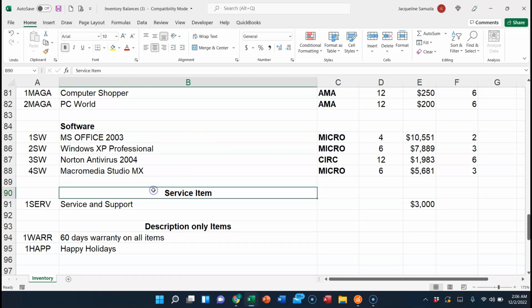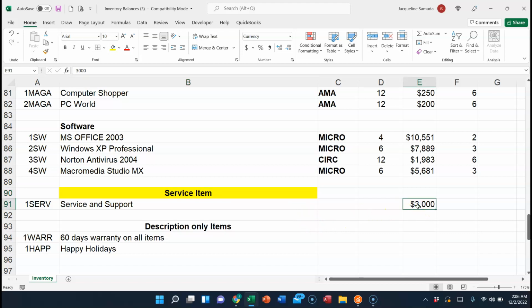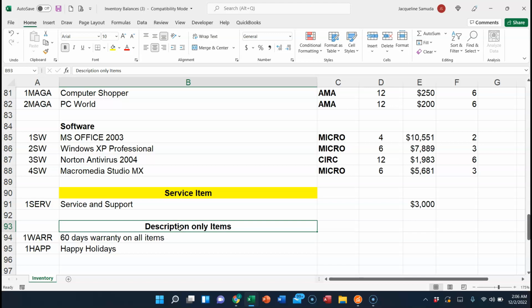The first one is the service items. Now, in your project, you do offer service and support to customers, and you charge them $3,000 for labor in terms of repairs. You also have a third grouping, description only items.